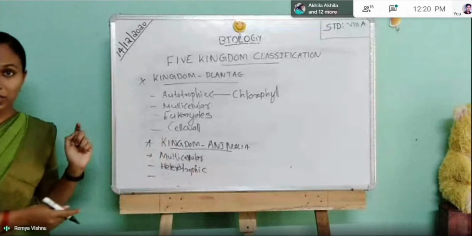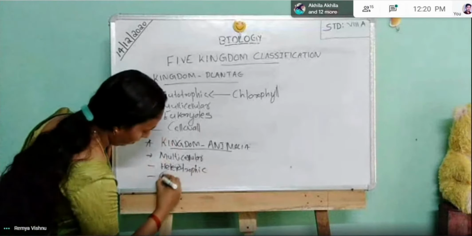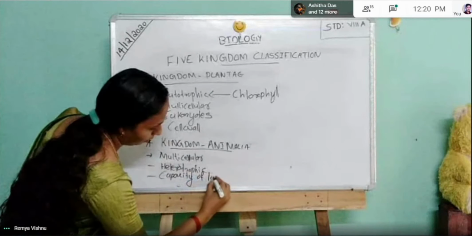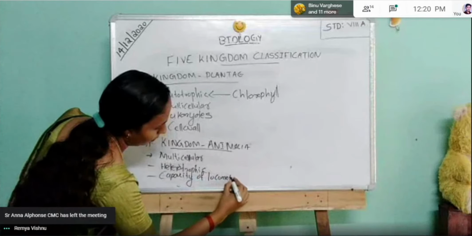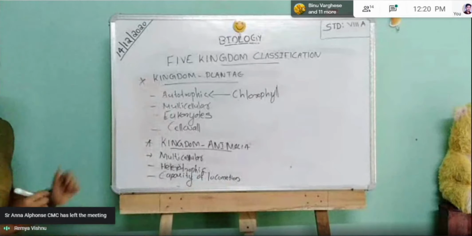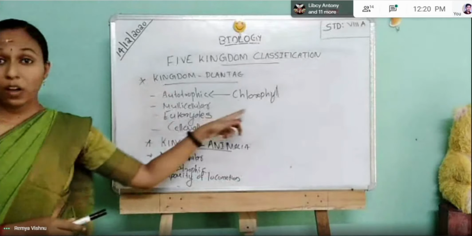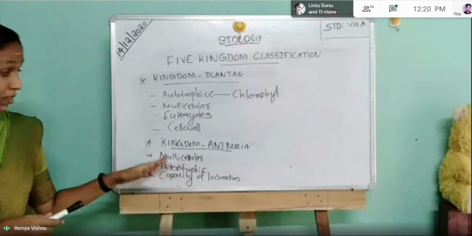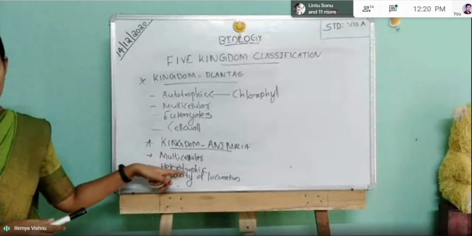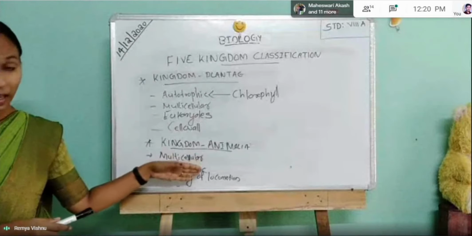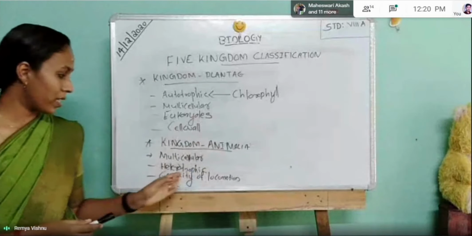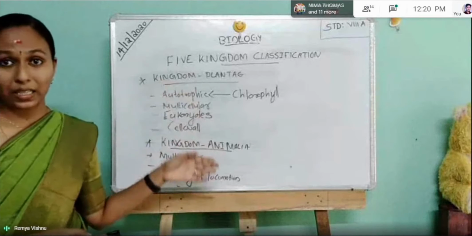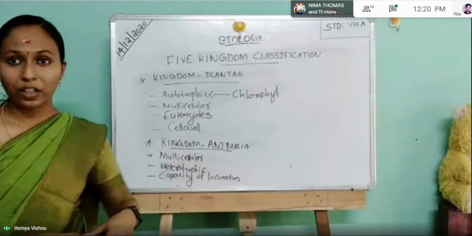They have the capacity of locomotion. Chlorophyll and cell wall are absent in animals. Animals are known as heterotrophic. They depend on another organism for food. So it is known as heterotrophic. These are the major features of kingdom Plantae and kingdom Animalia. Are you clear?